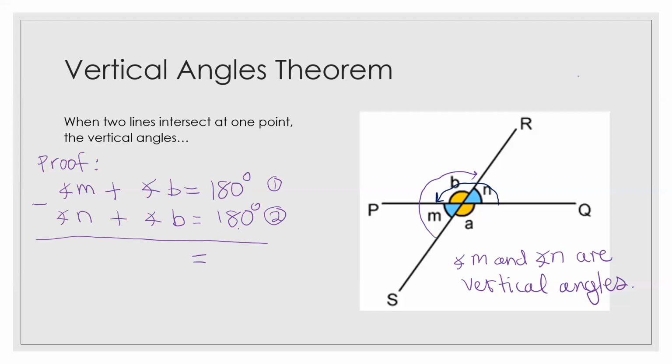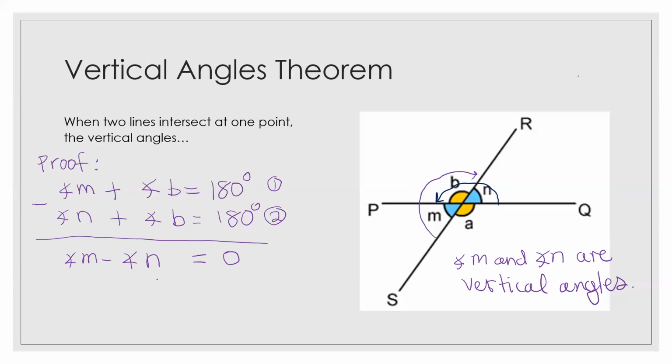So 180 minus 180 is 0. So angle M minus angle N, and then I have angle B minus angle B, that's just 0, it's gone, right? So I have angle M minus angle N is equal to 0.